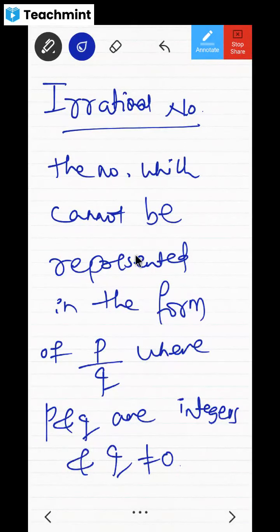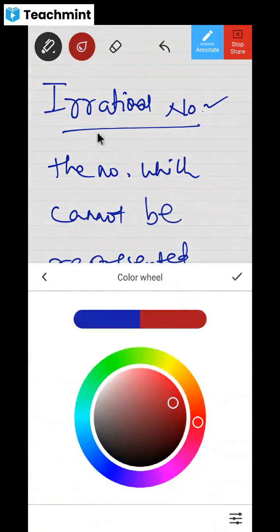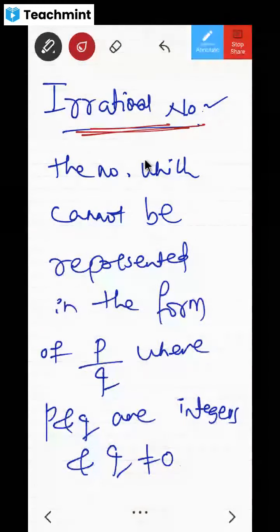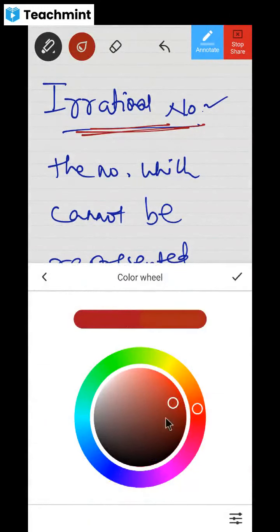Such numbers are called irrational numbers. Clear, dear children? Is this definition very, very clear to you? Yes, sir. These are called as irrational numbers.